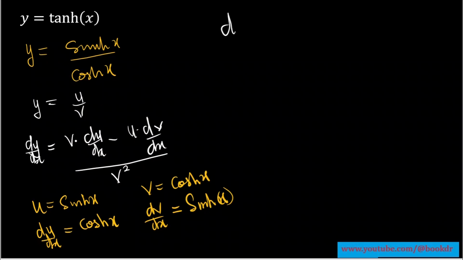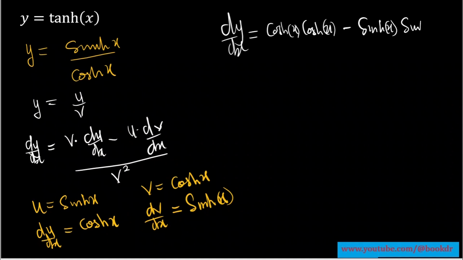So our dy dx will be equal to our v, which is cosh x, multiplied by the du dx, which we also obtained as cosh x. Then minus u, which is the numerator here, which is sinh x, multiplied by the dv dx, which is sinh x, all over v squared.